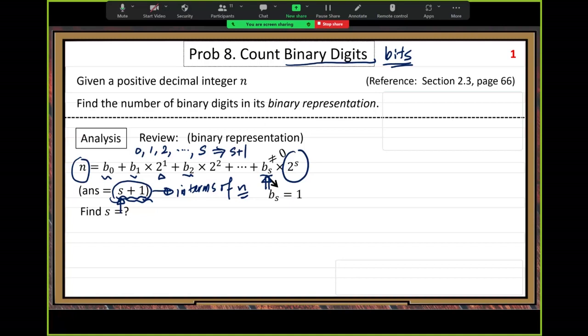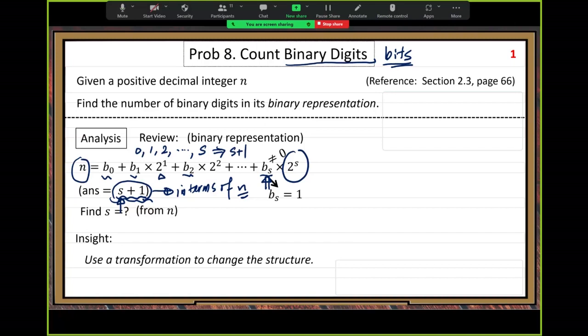Now we need to do some data processing work in order to find s. From n, let's look at the data manipulation steps in order to get s. The insight.